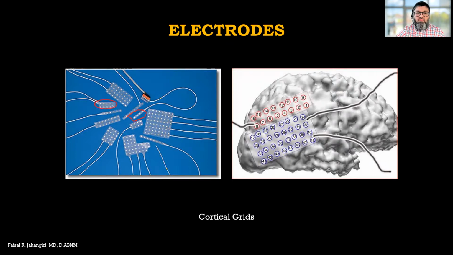This 8 by 8 has 64 contacts, so 8 rows and 8 columns. Then you have 20 contacts with 4 by 5. They come in different sizes, and then you have 1 by 8, so eight electrodes. We can place them on the cortex.